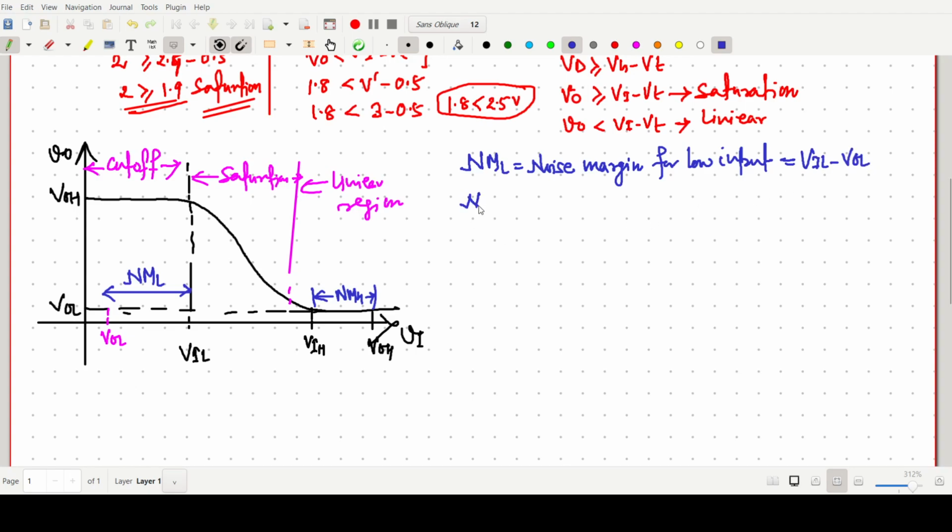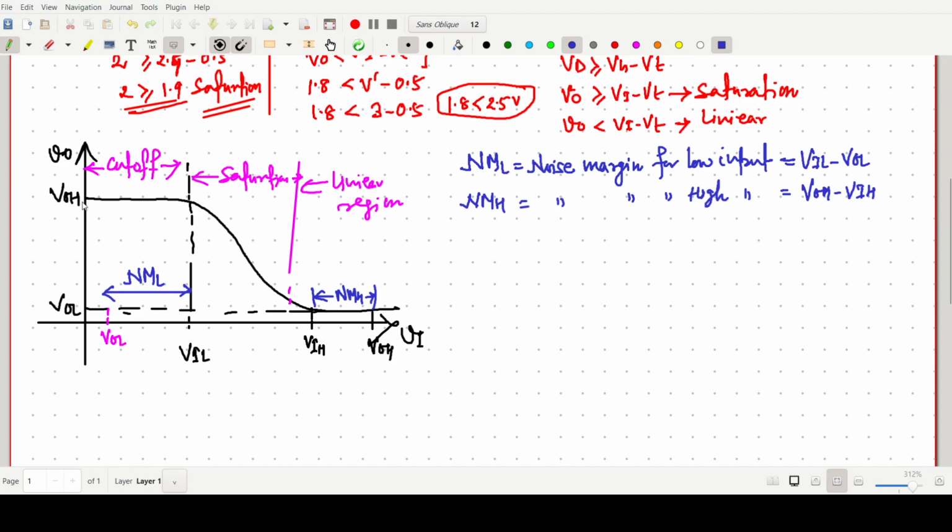NMH is the noise margin for high input, that is simply VOH minus VIH. So there is no need to remember the formula for noise margin. It is better to draw these characteristics.